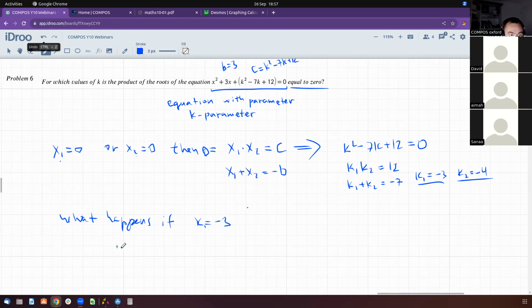The equation becomes x squared plus 3x plus minus 3 squared minus 7 times minus 3 plus 12 equals 0. So it's going to be x squared plus 3x plus 9.